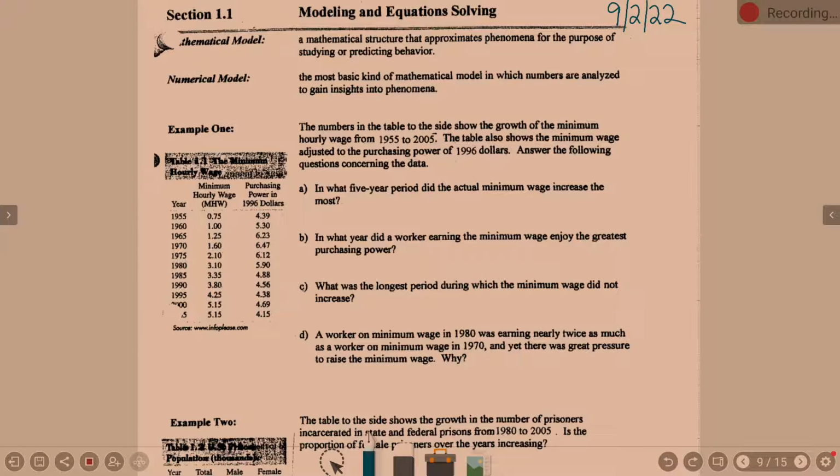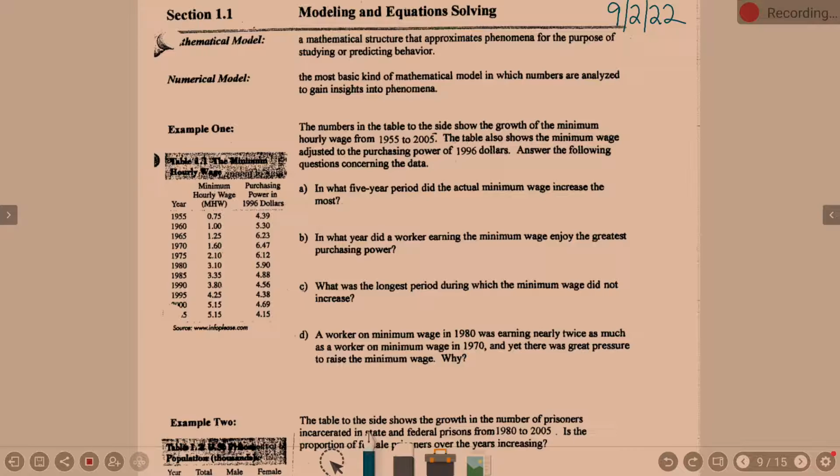Yes, that is the most. 85 to 90, 15 cents, so 25 cents. That makes the most sense. It's 85. Is it 75 to 80? No, 75 to 80, yeah, a whole dollar. $1.25. It's been a long week.